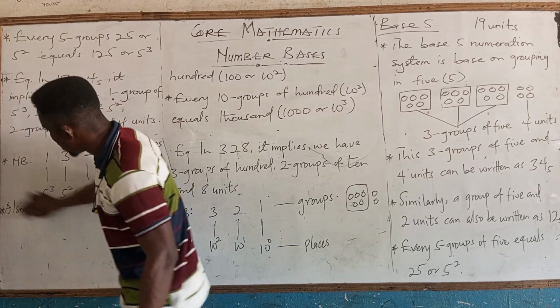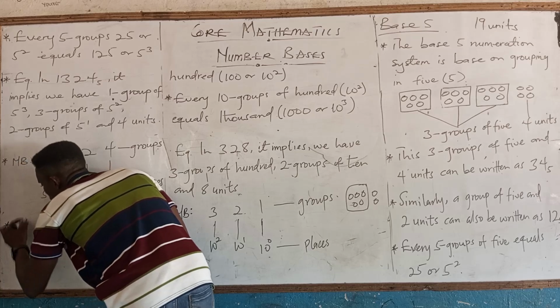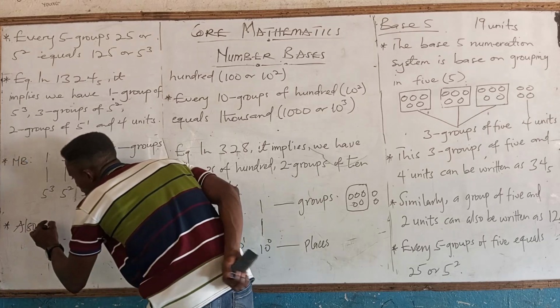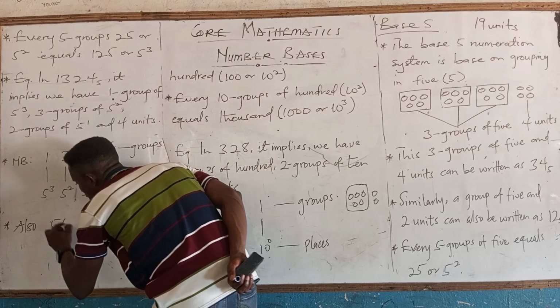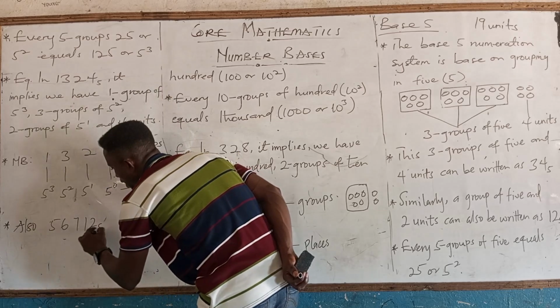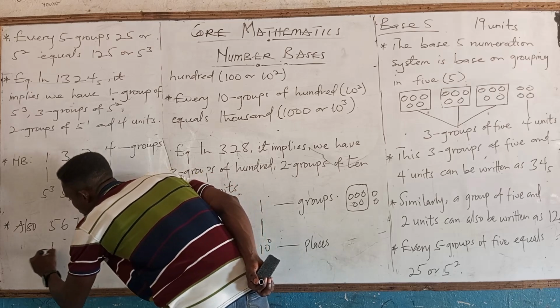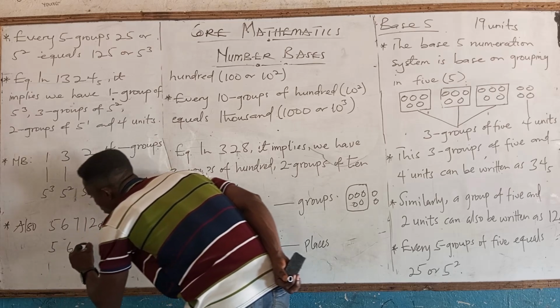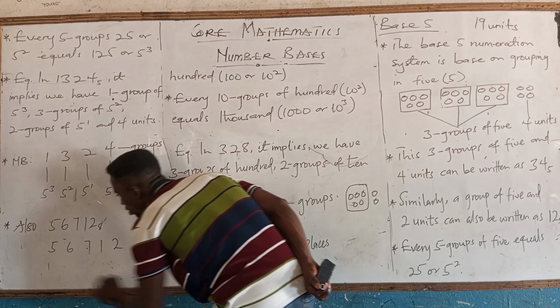So now we can also say that, having, let's say, 5, 6, 7, 1, 2, base 8. That one too can also give us 5, 6, 7, 1, 2.